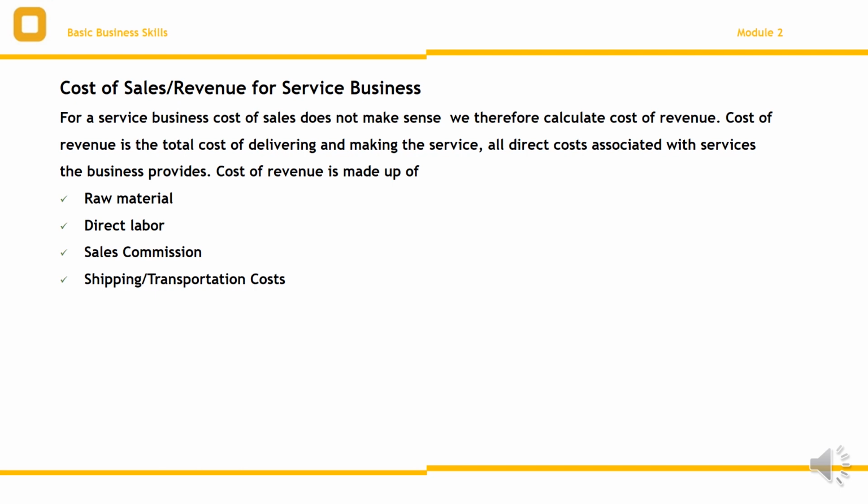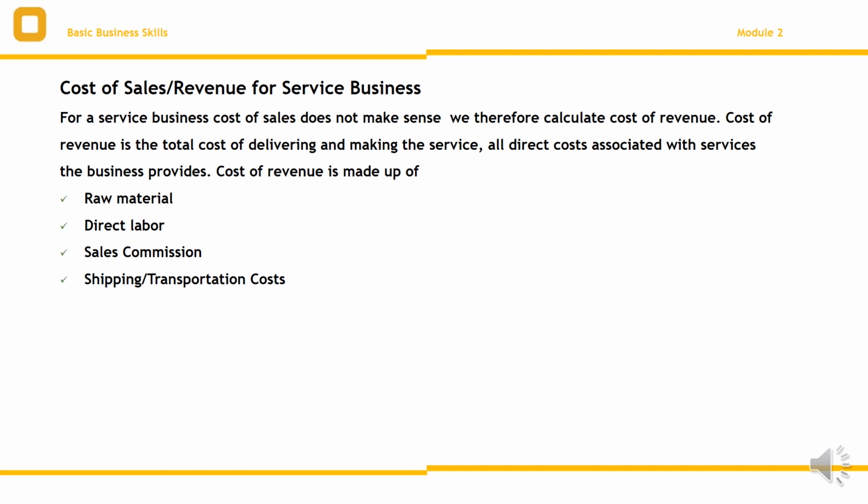So for a service business, you will calculate what we call cost of revenue, which is similar to cost of sales. For a service business, cost of sales does not make sense. We therefore calculate what we call cost of revenue. Cost of revenue is the total cost of delivering as well as making a service. It's all your direct costs that are associated with the service.